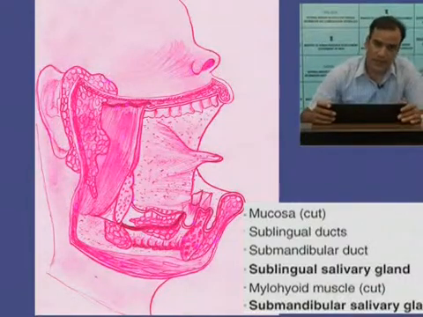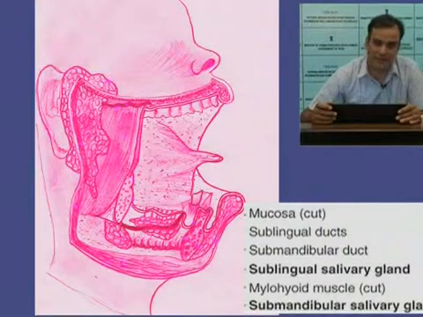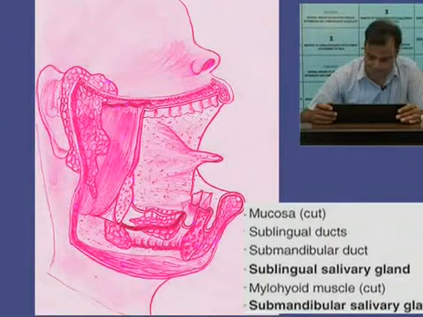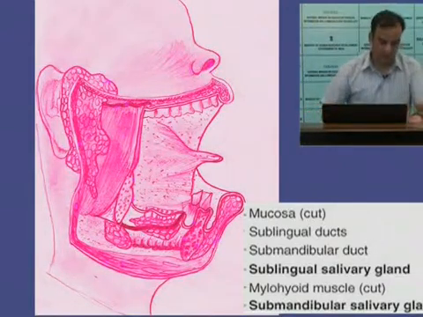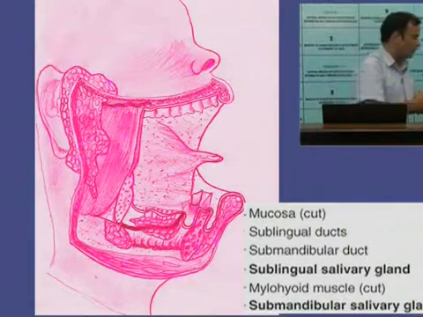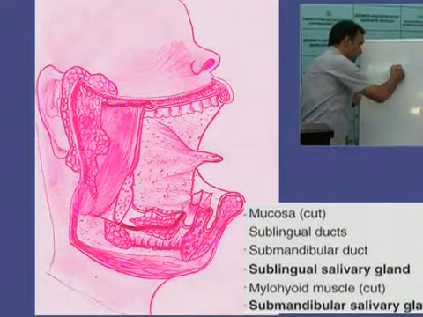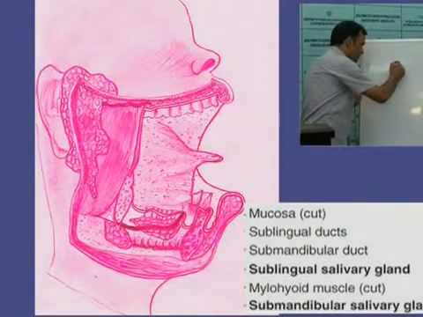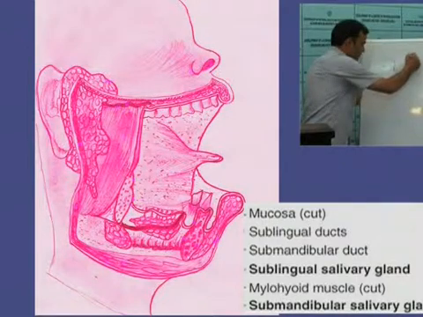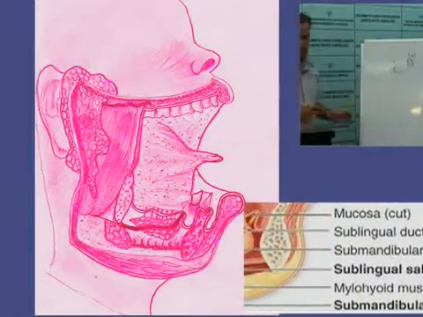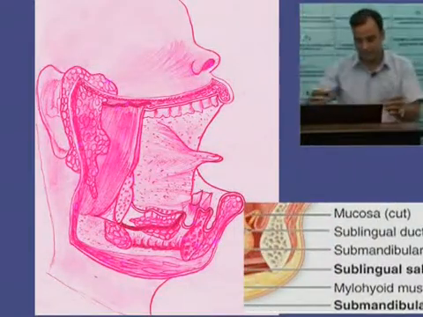Parotid glands are the largest salivary glands, and they are situated just below and to the front of the ear. Here you can see, if this is our ear, the parotid gland is located just below and in front of the ear.